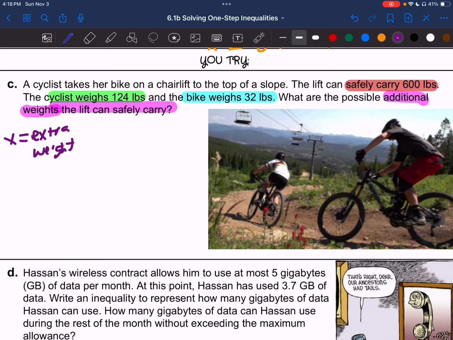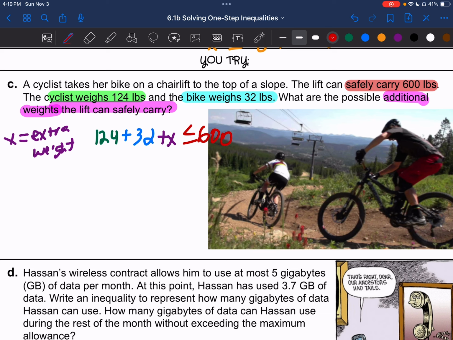All right, and now we need to put together our pieces that we know. We know she is 124. We know that the bike is 32. We know we're trying to find the unknown amount, and that all of that has to be less than or equal to 600.